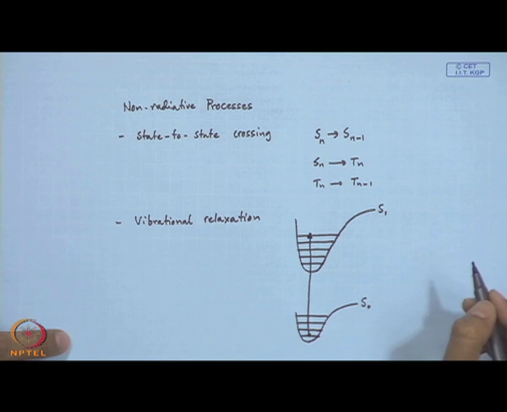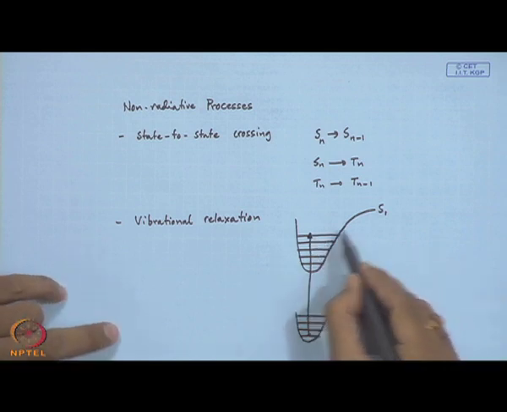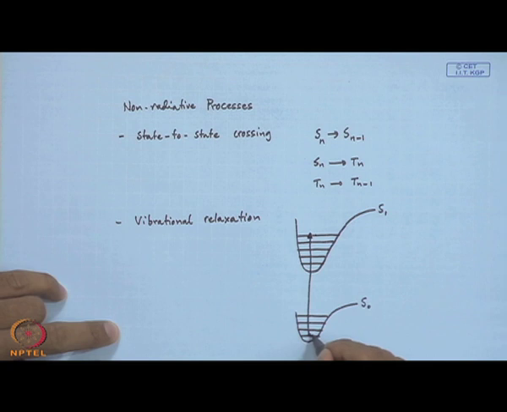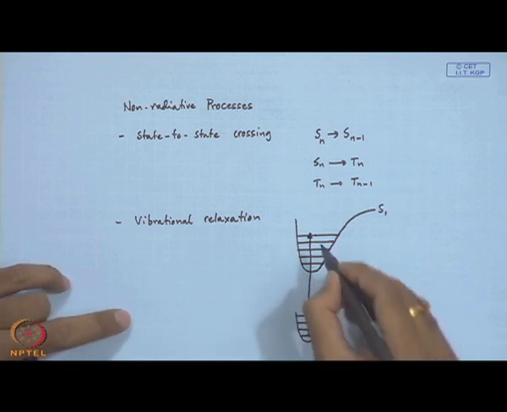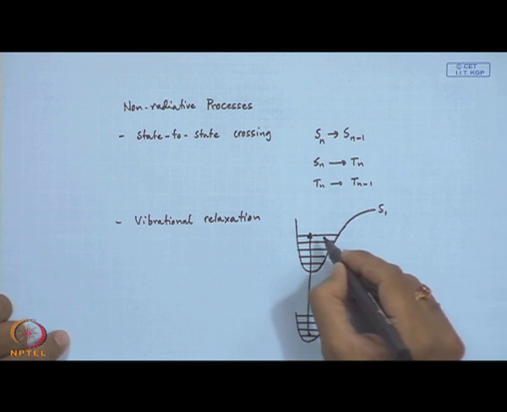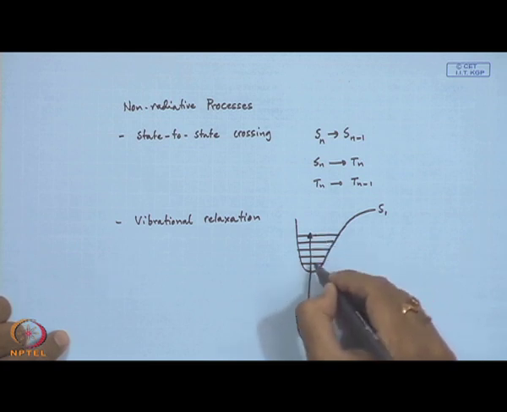The possibility is that the system may relax radiatively from here to here, or here to here. The other possibility is vibrational relaxation, so that it relaxes from the vibrationally excited level to the lowest vibrational level.